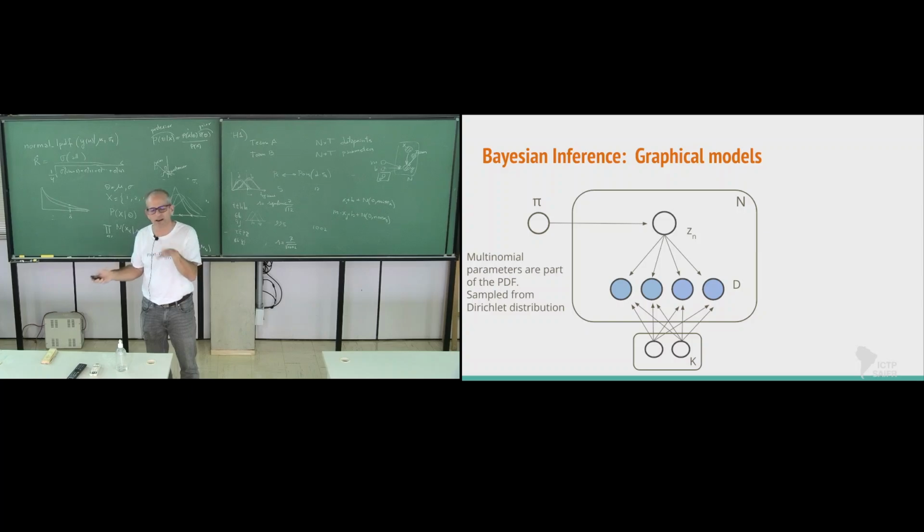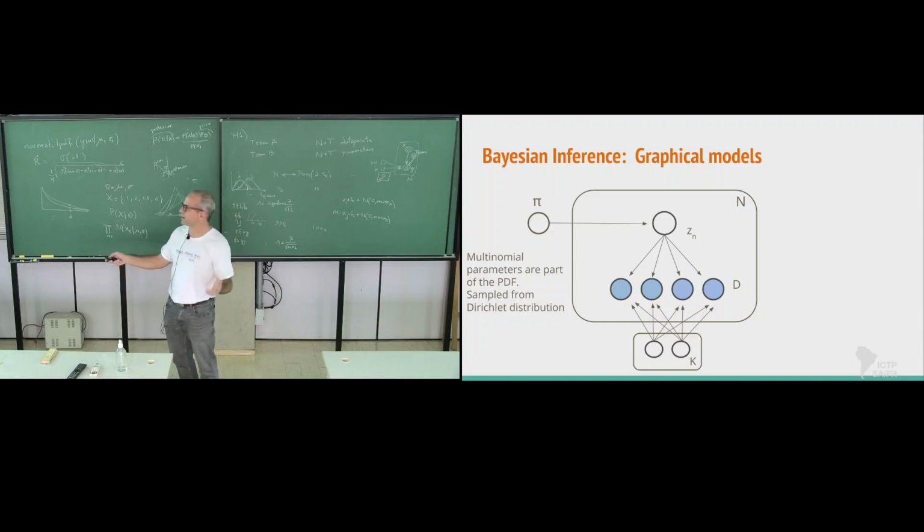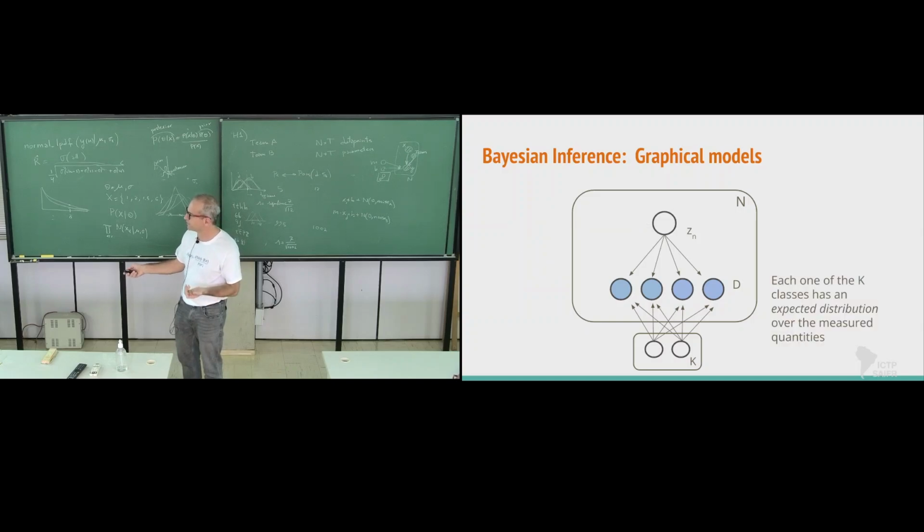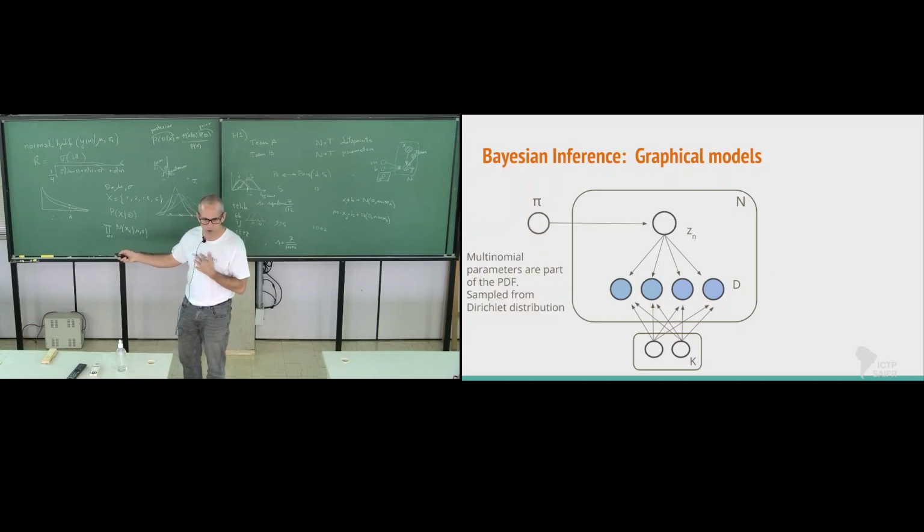And then there are correlations, because Z is determining the whole thing. They are conditionally independent. Depending on what you choose as parameters, like eta, there are parameters that are correlated. The trick is to use ones that are not correlated. In this case, I'm going to show you which ones we use that are not correlated. But if they are correlated, you have to put an arrow between them.